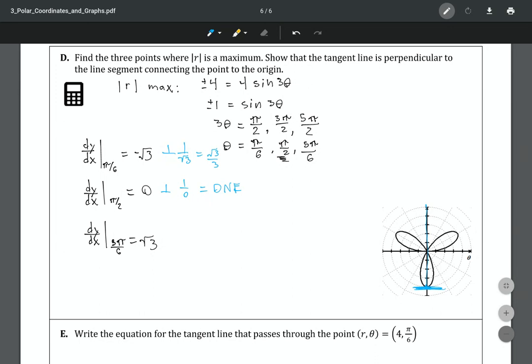The derivative here is 0, and that would be the opposite here. This is the opposite slope, so you can tell that's perpendicular there. As far as the other one, that would probably take more work for sure.